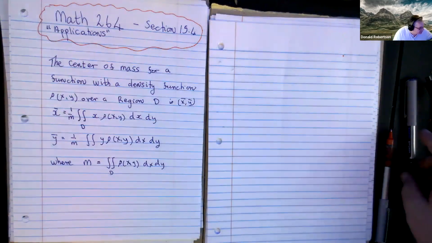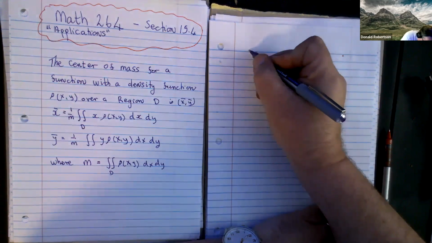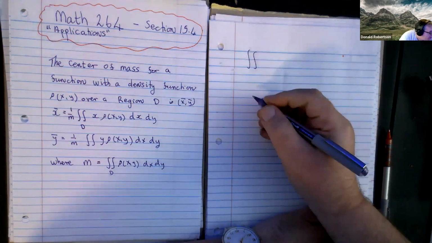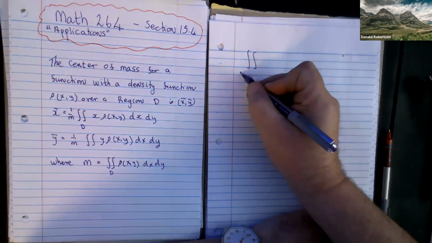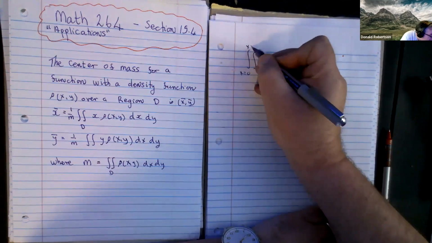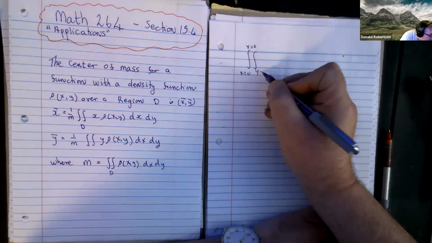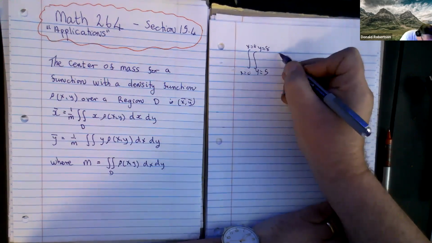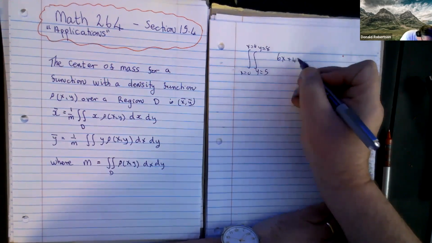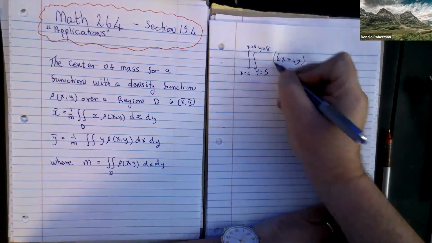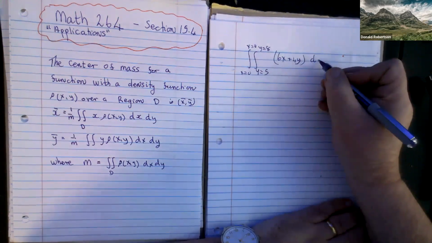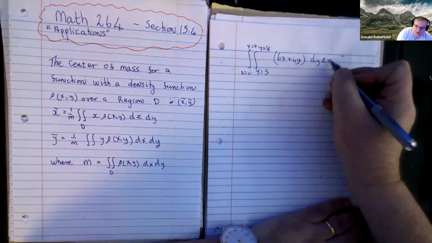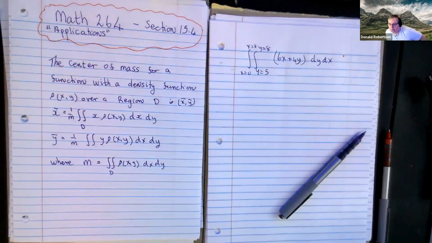So in the one that we just did a few moments ago, you would do a double integral from x equals 0 to 4, and from y equals 5 to 8. And the function you're going to be doing is that guy. And then you could do a dy dx, and that would be the integral that you'd be getting.